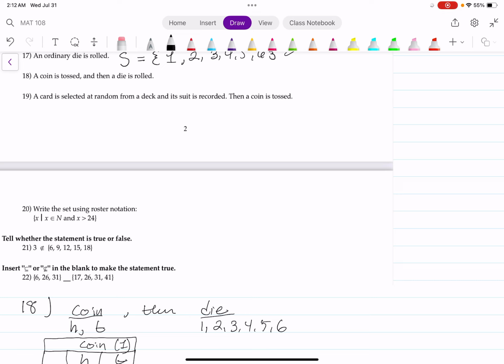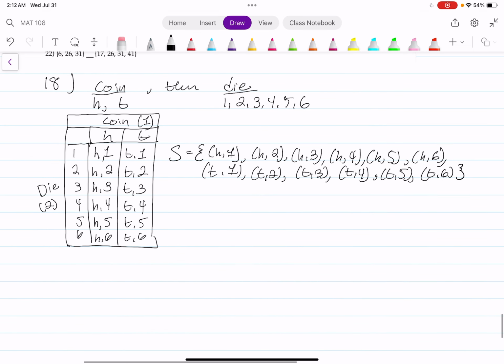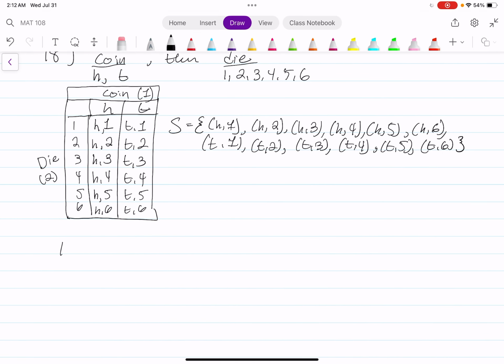Number 19 says, a card is selected from a deck and its suit noted, and then a coin is tossed. So number 19, we're also creating a sample space. So we're going to look at the card suit and then the coin toss.